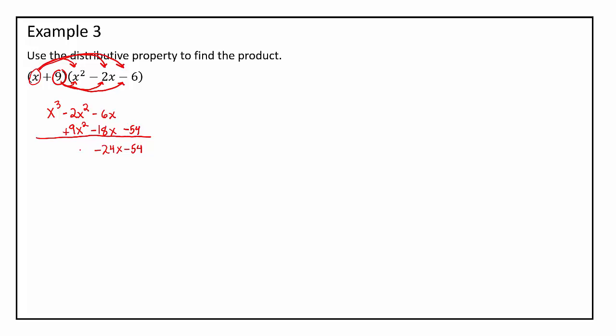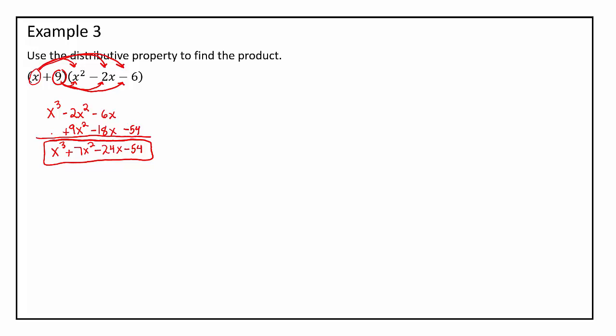Negative 2x squared and 9x squared are going to add together because they're like terms. And the x cubed doesn't have anything to add with, so it stays x cubed. And because I just added all my like terms together, now I don't have any like terms, and this would be my answer.